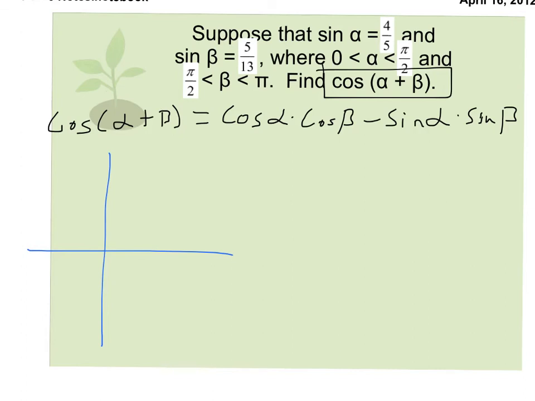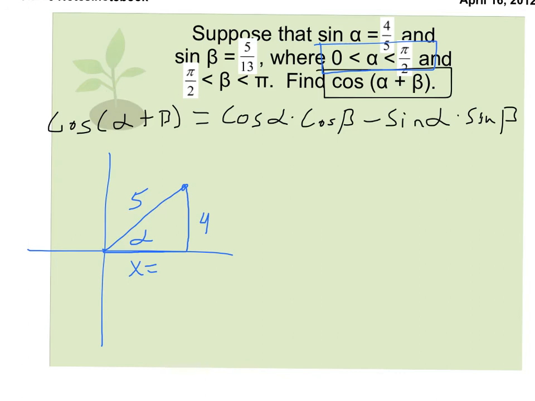It tells me that alpha is in quadrant number 1. Alpha is between 0 and pi over 2 radians. And because I know its sine value is 4 over 5, if this is alpha, that means its y-coordinate is 4 and its radius is 5. I don't know x, but I could figure that out.